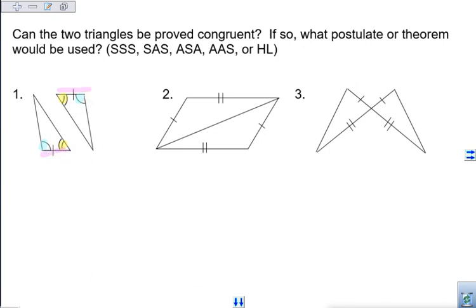So we have two angles. That automatically means I can get rid of side, side, side, side, angle, side, and hypotenuse leg. Now let's look at that last side. Now that side is being made by our two angles. So that means we have angle, side, angle.